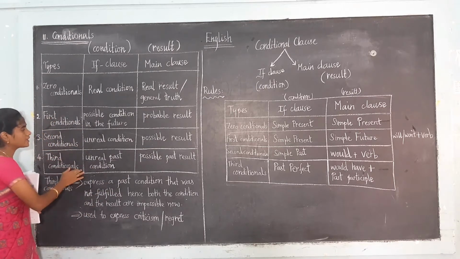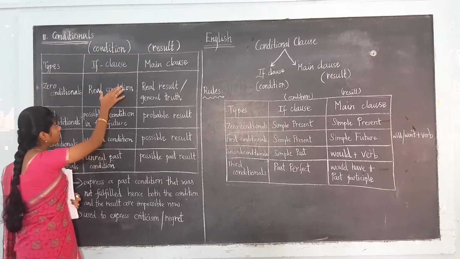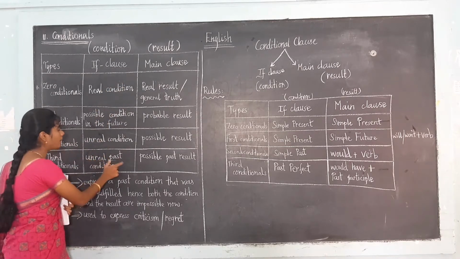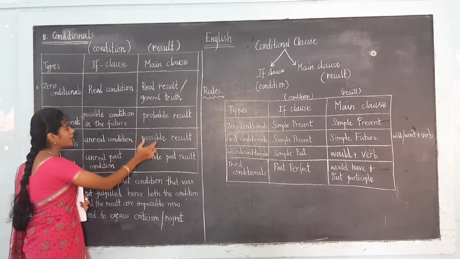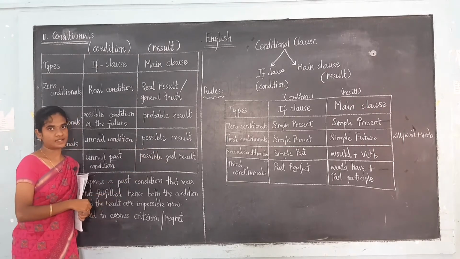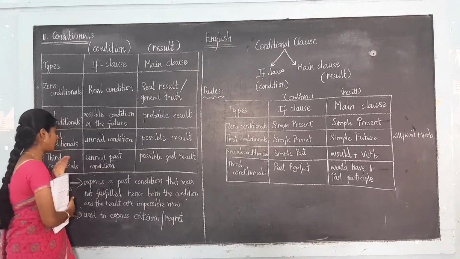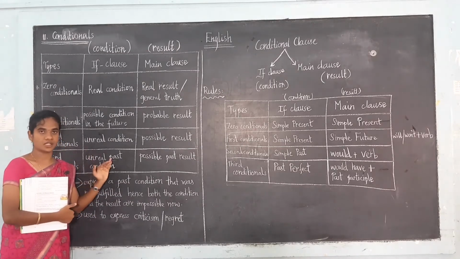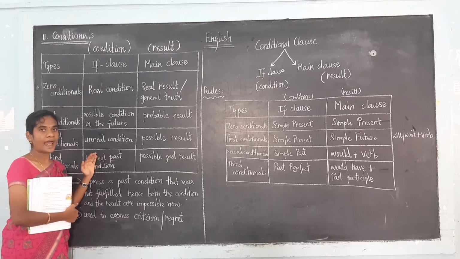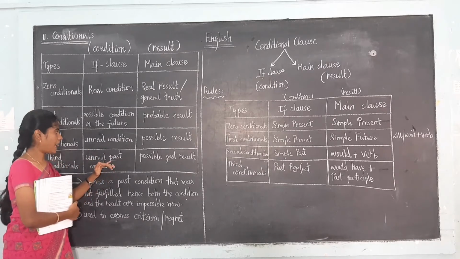And the third conditional, the if clause states the unreal past condition and the main clause states its possible past results. Okay, so it cannot happen in the present. In the third conditional, the things or the condition or the situation that cannot happen in the present will happen in the past only.